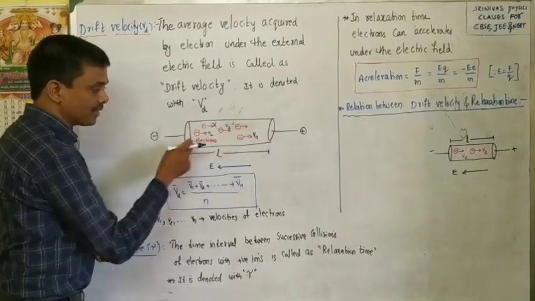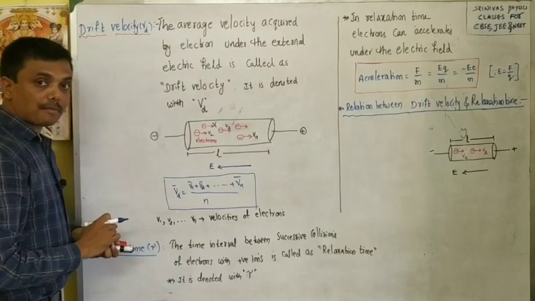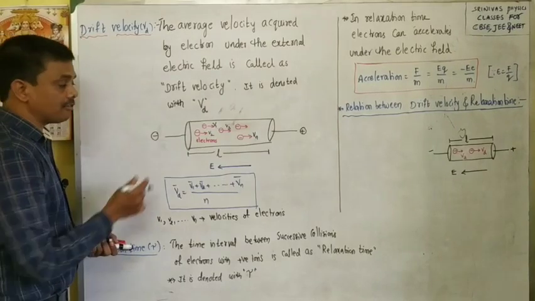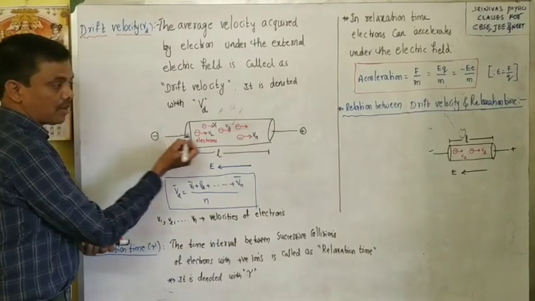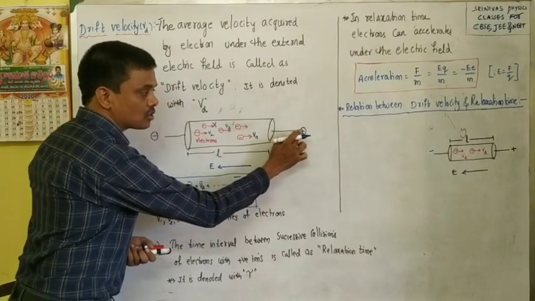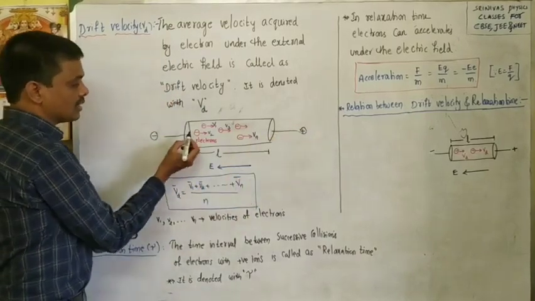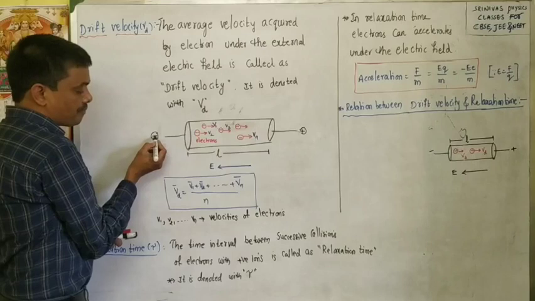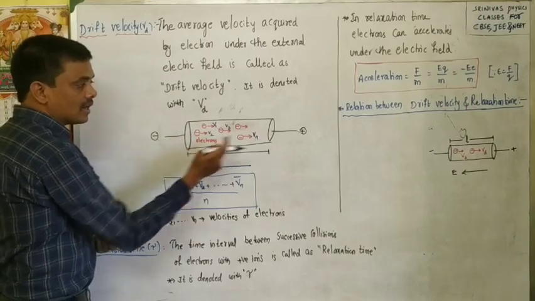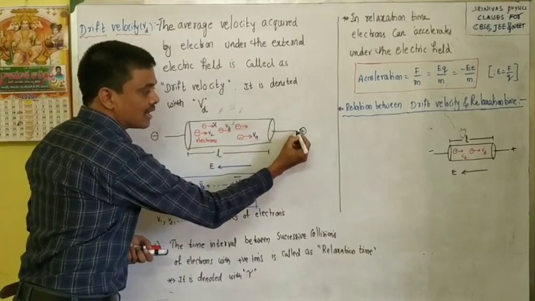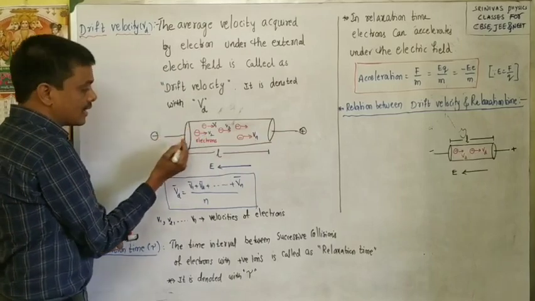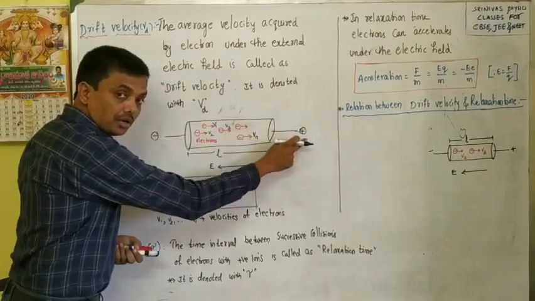I will explain. For this I am applying the electric field. One end is connected to the negative terminal of a battery and the other end to the positive terminal. The negative terminal repels the electrons and the positive terminal attracts them. That's why the electrons in the conductor move from negative to positive.